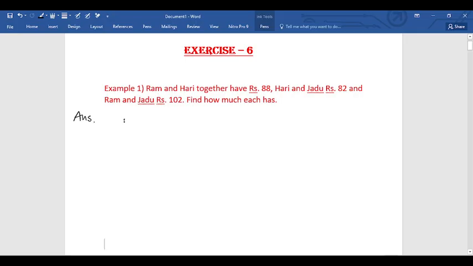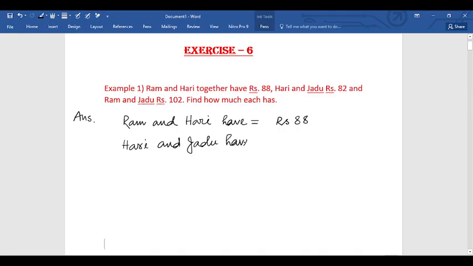Ram and Hari have is equal to rupees 88. Hari and Jadu have rupees 82.